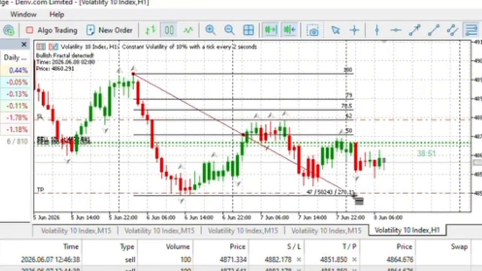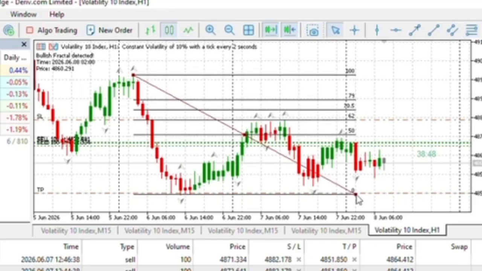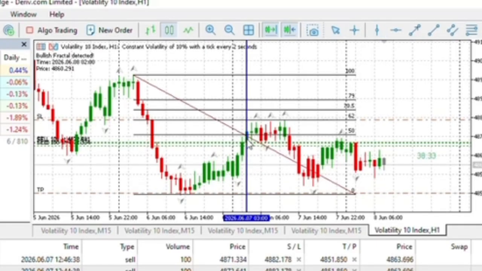Then I waited for the retracement to get to the golden or honeycomb ratio. In this case, it started to retrace from the golden ratio actually. So once I saw this green candle close above the 50, I marked it with a vertical line.